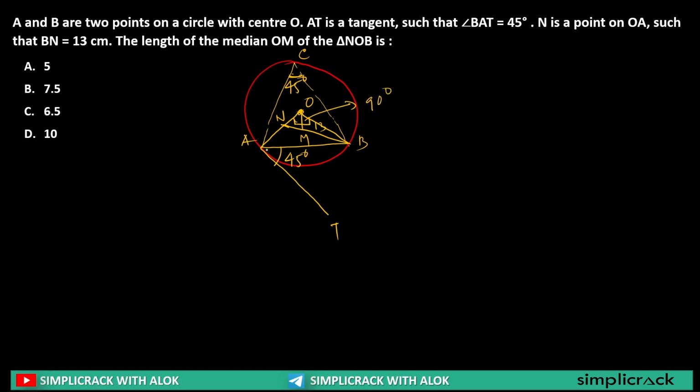Because it is drawn on the same chord and the angle is at the center. Now if this angle is 90 degrees and BN is 13, it should be in the triplet format. So the triplet will be 5, 12 and 13. But we do not have to think about that, because the median OM of the triangle will be half of the hypotenuse, that is 13 by 2, which is 6.5.